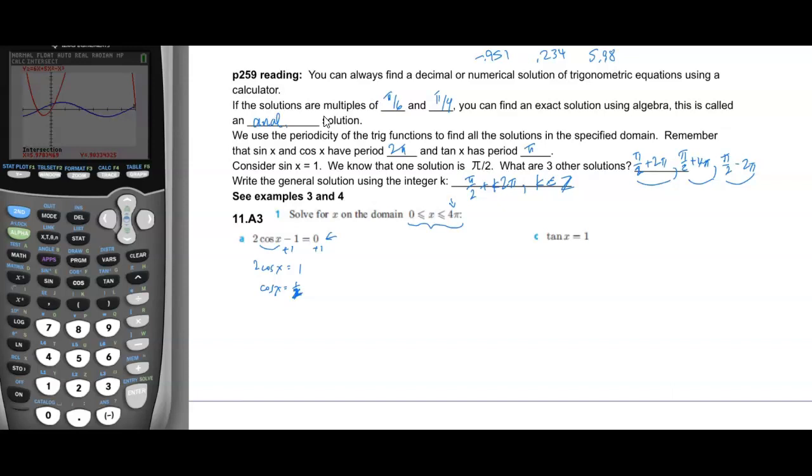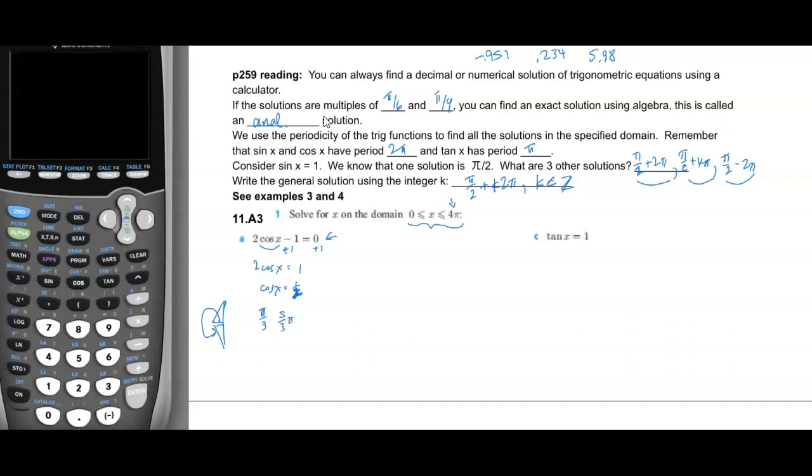Now we know why we memorize the unit circle. We need to know what possible angles have a cosine of 1/2. That would be this triangle or this triangle. So that would be pi over 3 and 5/3 pi. These are the 2 solutions between 0 and 2 pi.